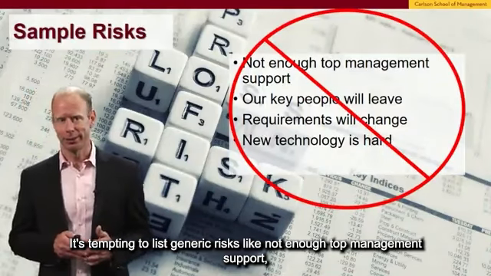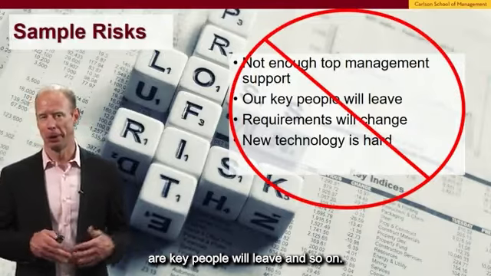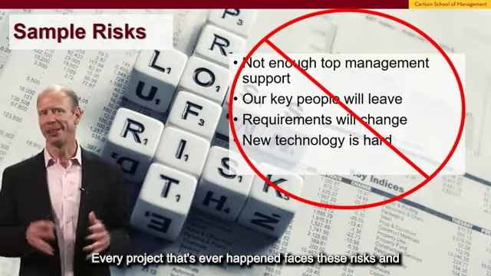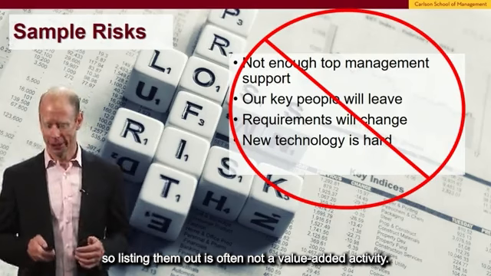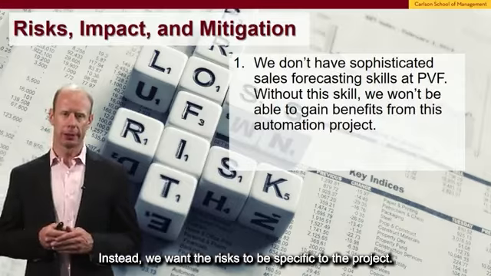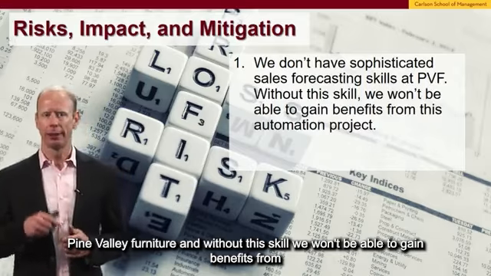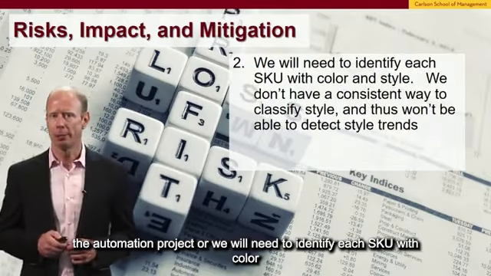It's tempting to list generic risks, like not enough top management support, our key people will leave, and so on. Every project that's ever happened faces these risks, and so listing them out is often not a value-added activity. Instead, we want the risk to be specific to the project. We don't have sophisticated forecasting skills at Pine Valley Furniture, and without this skill, we won't be able to gain benefits from the automation project.